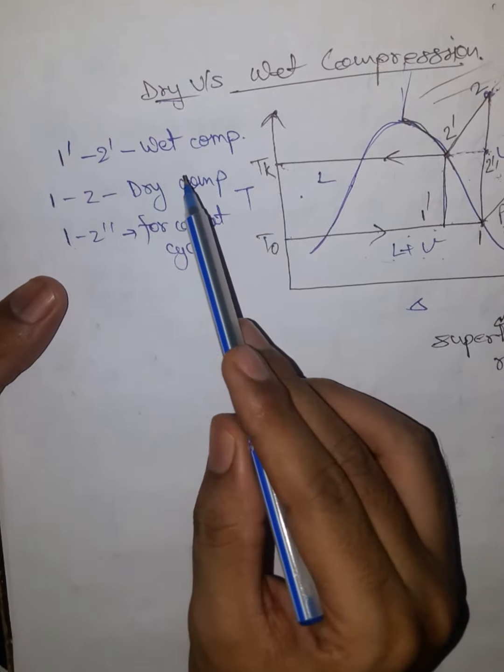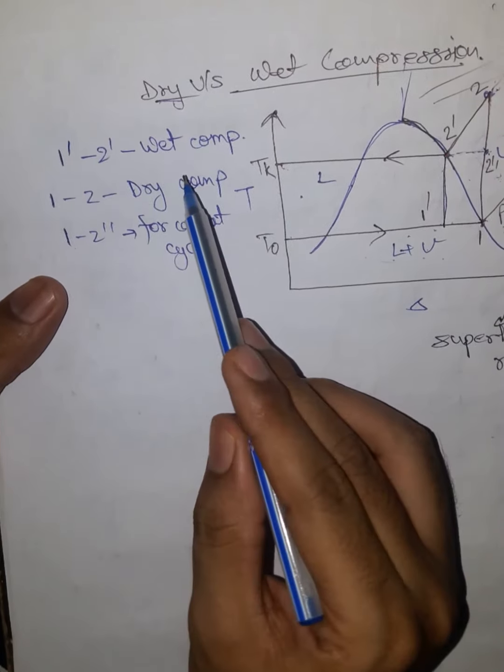Means for one revolution it will take this much time, and we know that the state 2 dash here is theoretically dry saturated, but practically when the process will be operating, the mixture will definitely be containing some of the liquid droplets that would be suspended in the gas.